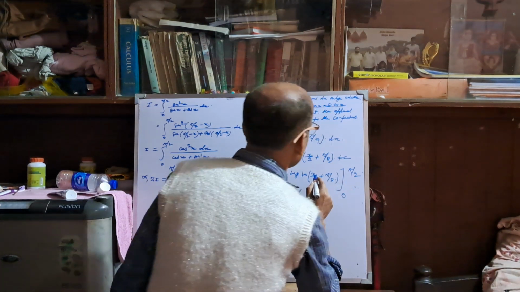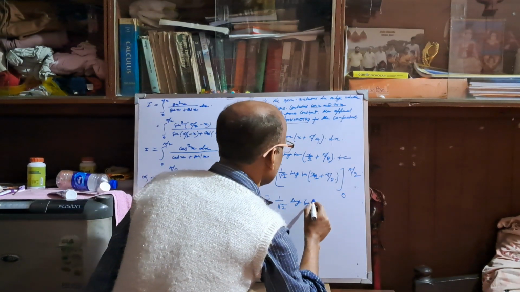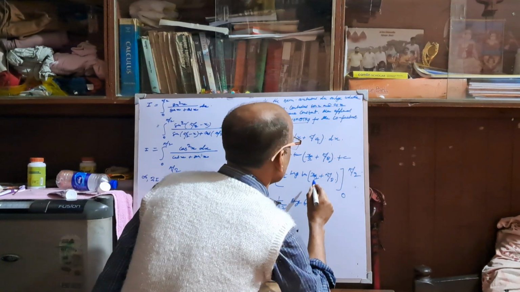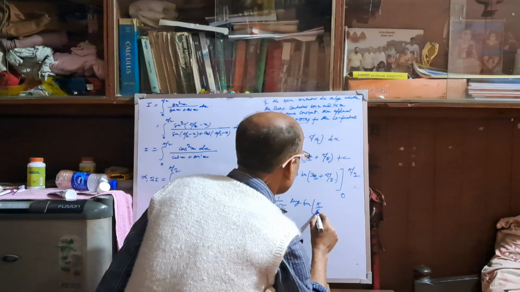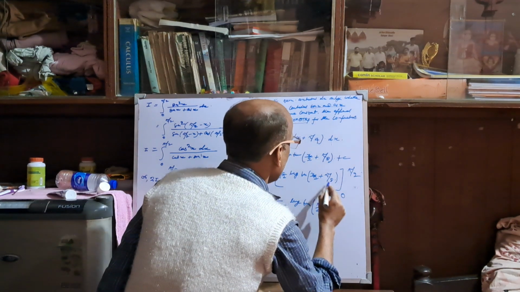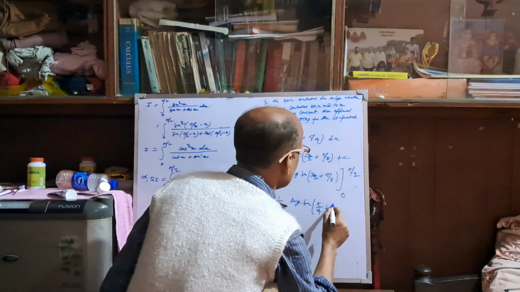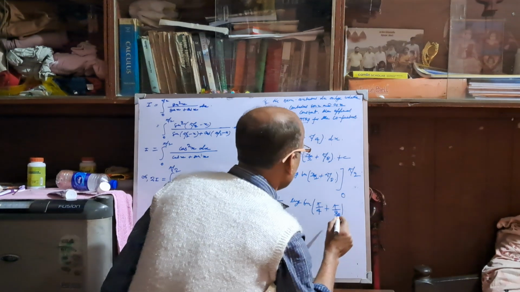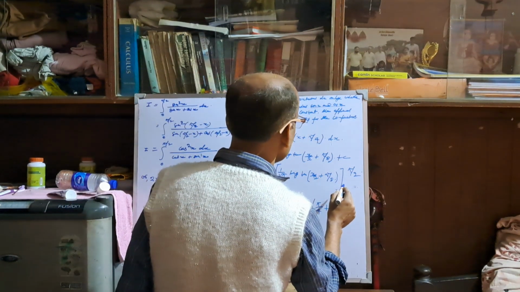So if I put here, this value I will get pi by 4, pi by 2, then this will be pi by 2, and this will be pi by 4, and this will be pi by 8. Okay, this will be pi by 8, and this part will be here.